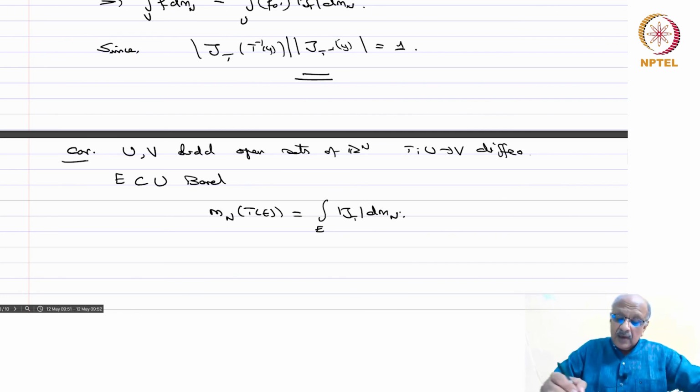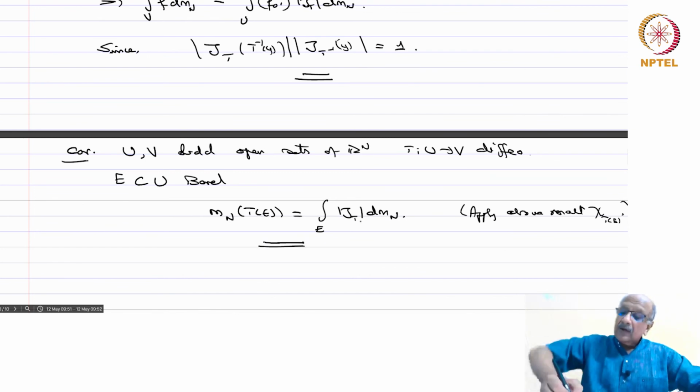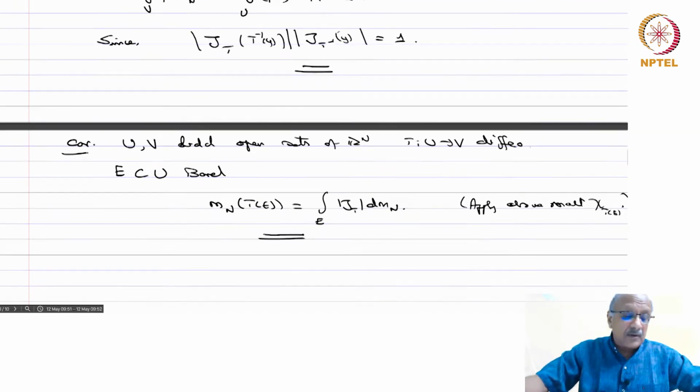Because we are applying the above result to chi of T(E). Apply the result; we have already done that. So you have this corollary.